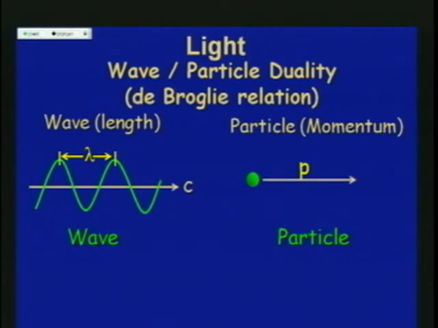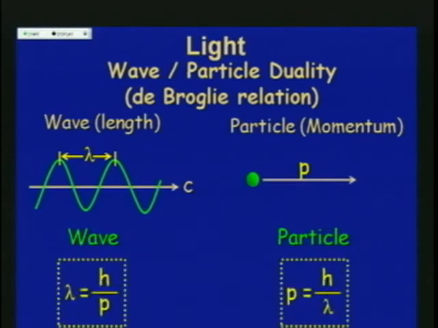Now, the person that came up with a relation to relate between these was a French scientist by the name of Louis de Broglie. And what he said is, okay, if I've got a particle, we have an associated momentum to describe the movement of that particle. For a wave, this wavelength will describe the properties of that wave.